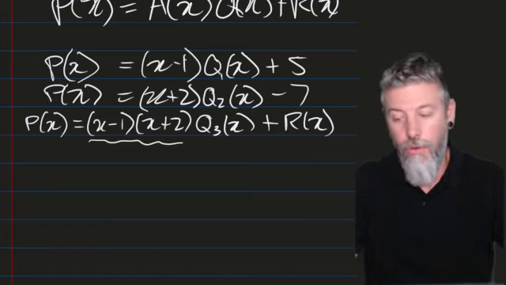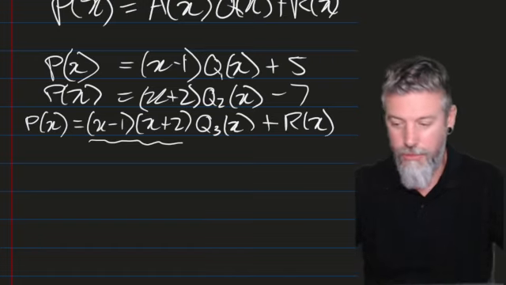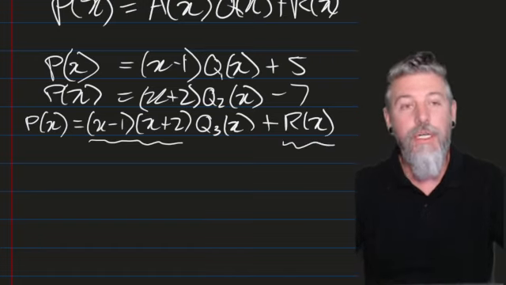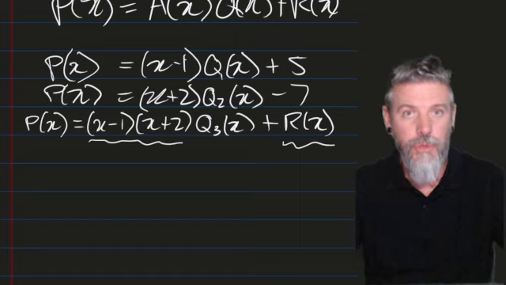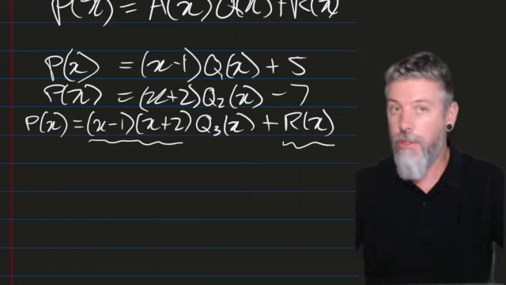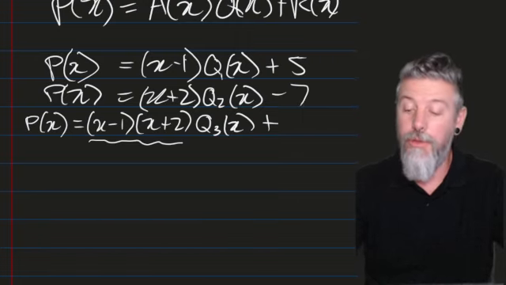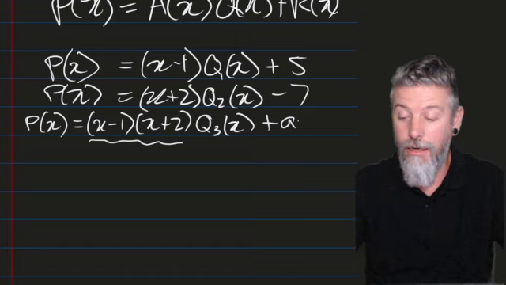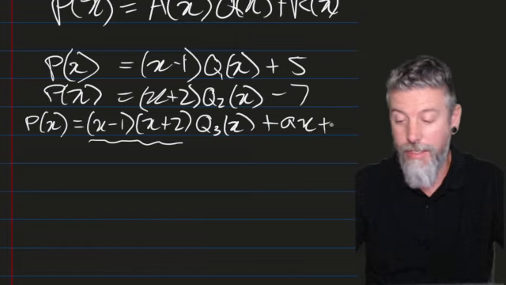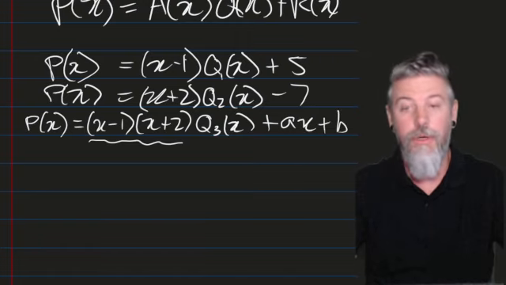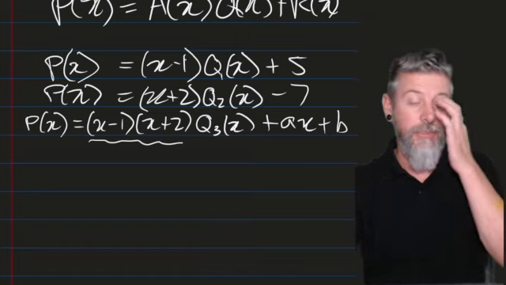So therefore, our remainder polynomial, this one over here, is going to end up being some sort of linear function, a degree 1 polynomial. So we're not going to write r of x, we're going to write a degree 1 polynomial, but the degree 1 polynomial can have a leading coefficient and can have a constant term. So we end up with ax plus b.